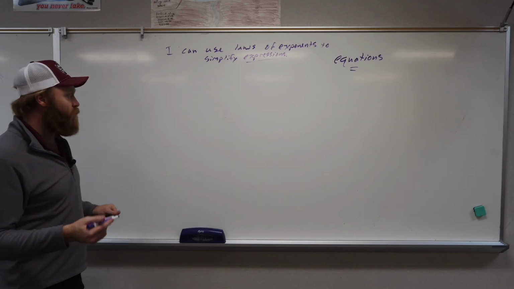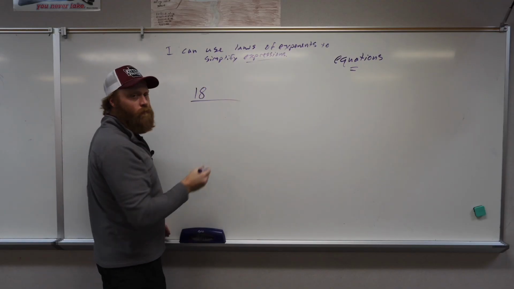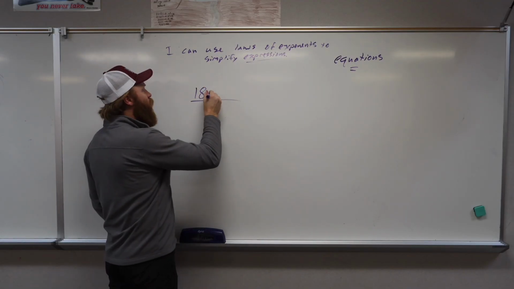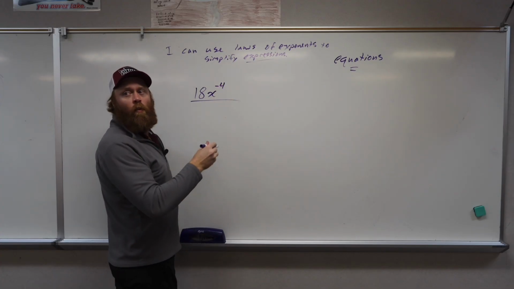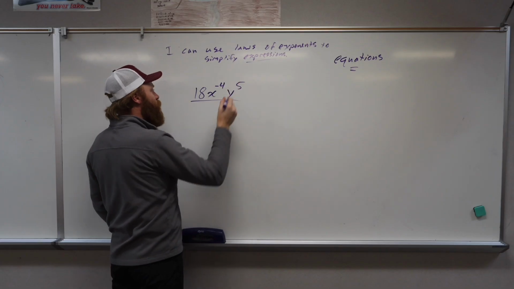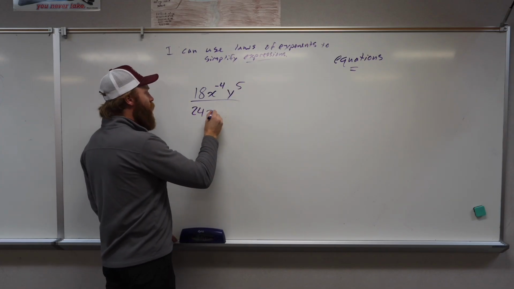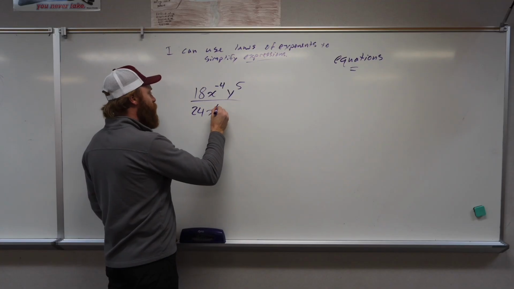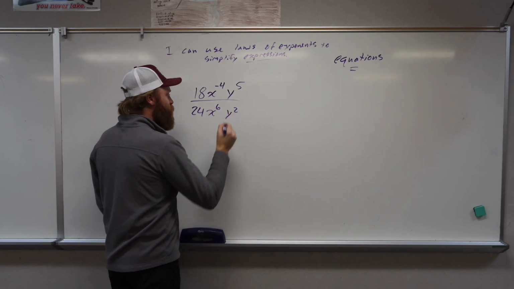So let's say we have something like 18 over x to the minus 4th, y to the 5th, over 24 x to the 6th, and we're going to go y squared.